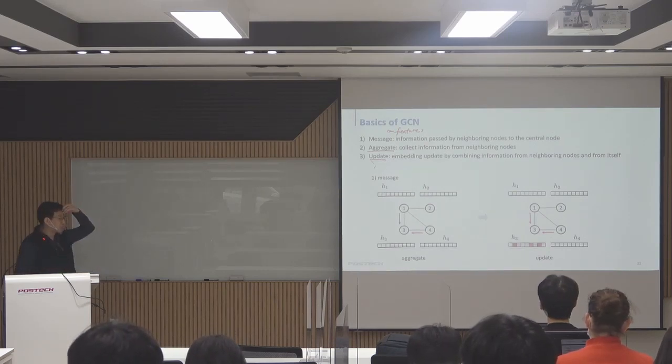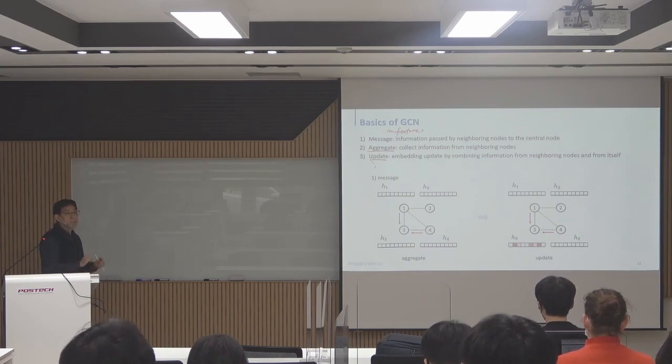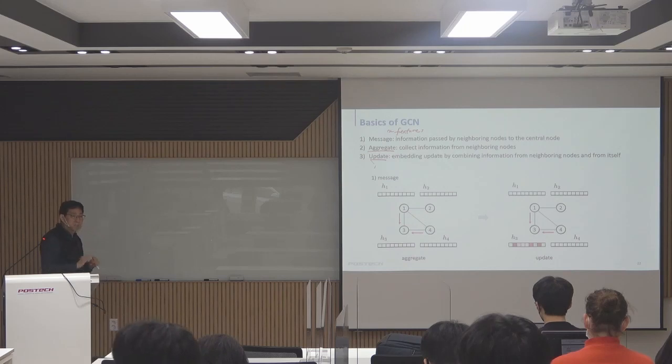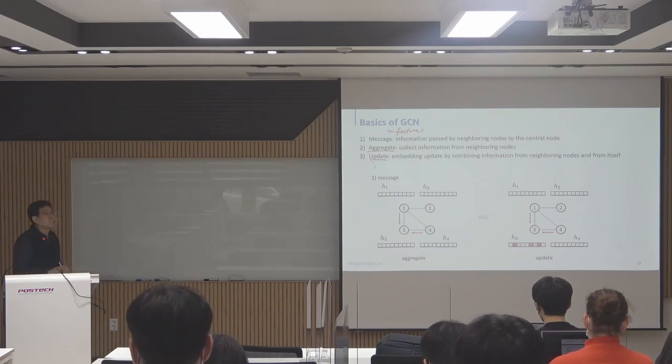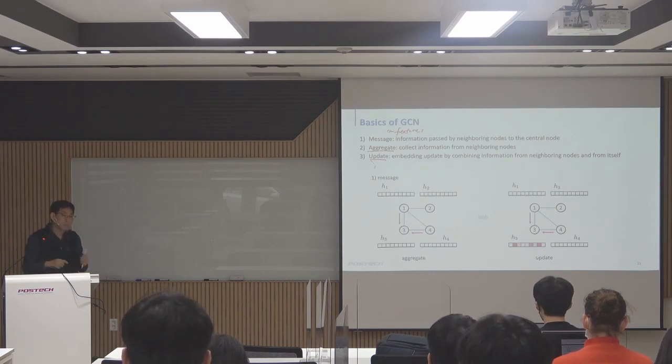But conceptually, we define the graph first in order to represent the connectivities or relationships. In the graph, we can draw the graph, and we can get the adjacent matrix. So we have those informations.